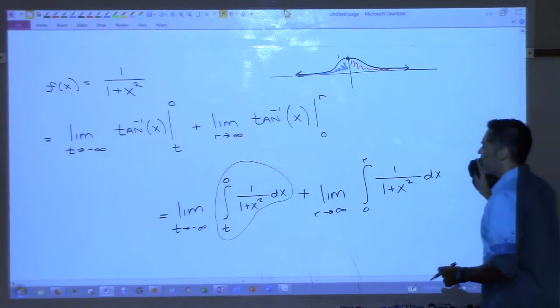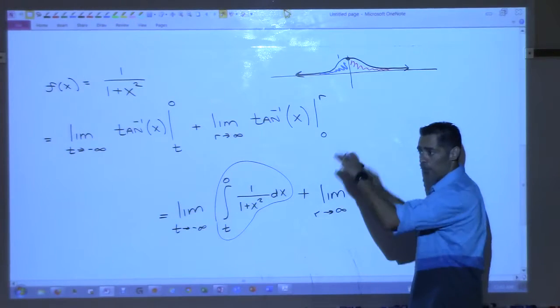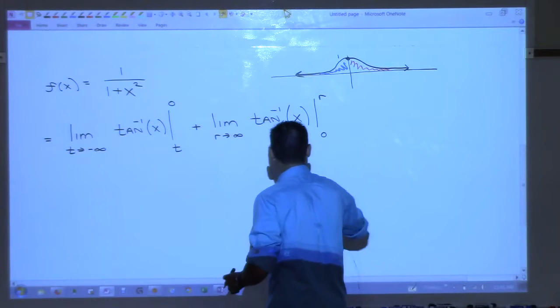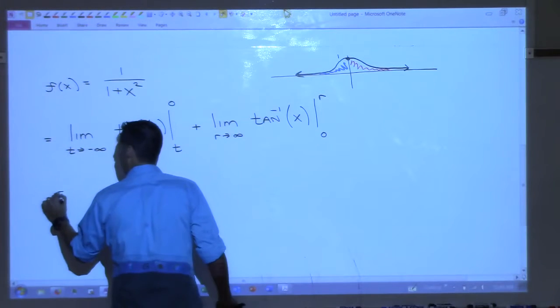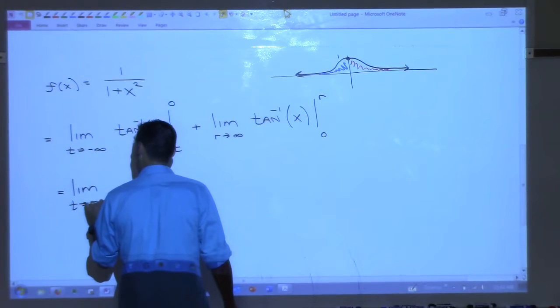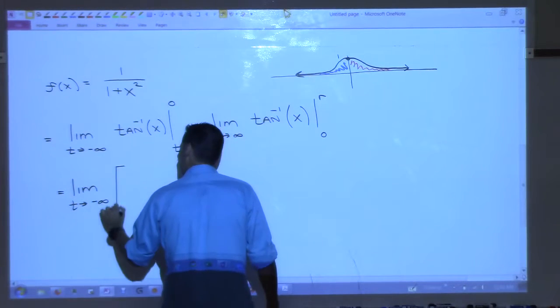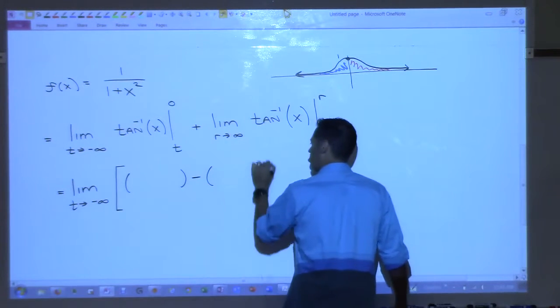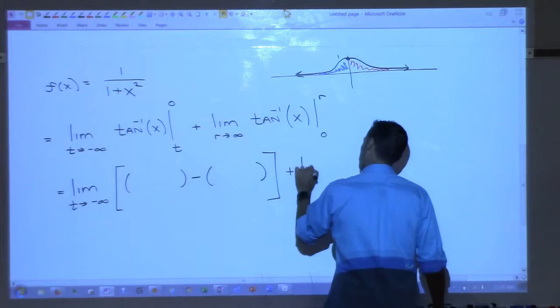Okay, now for each of those, I'm going to do my little parentheses for each one and make sure that I'm writing the limit out front. So we have two sets of parentheses. I'm just going to set everything up first.